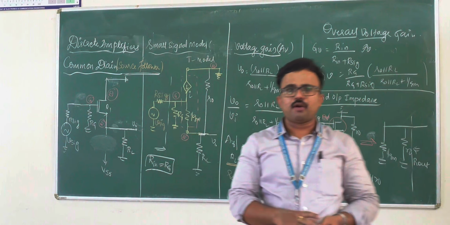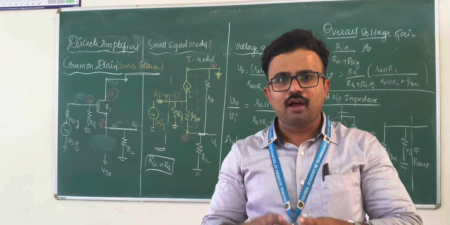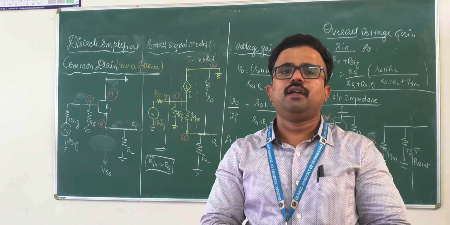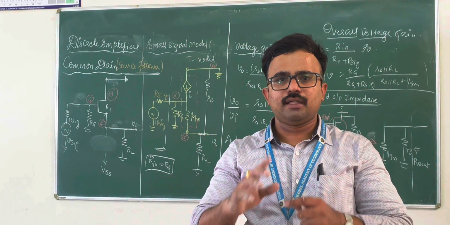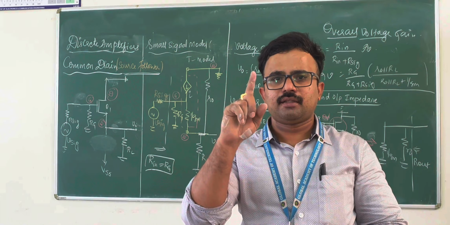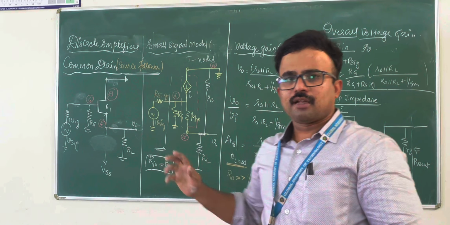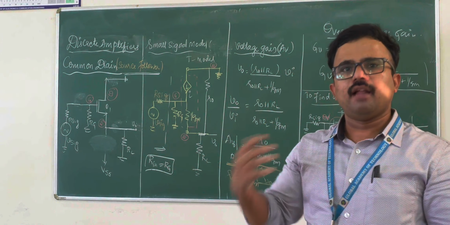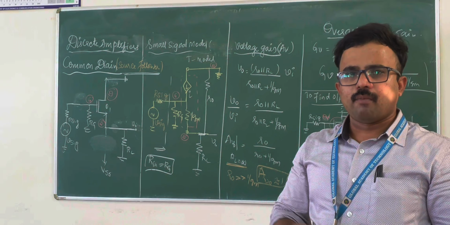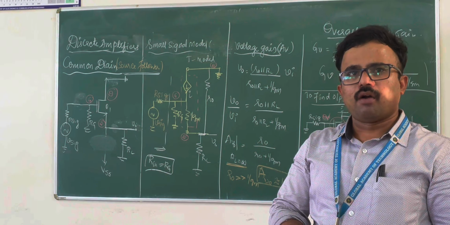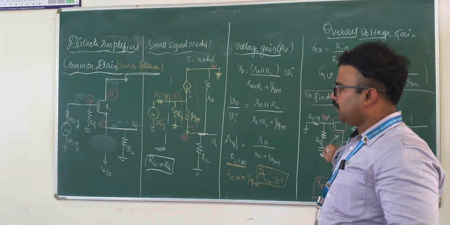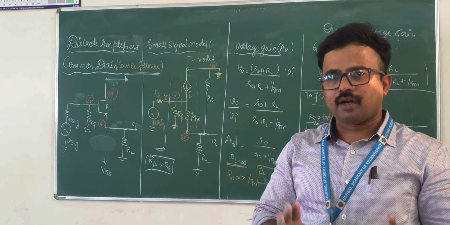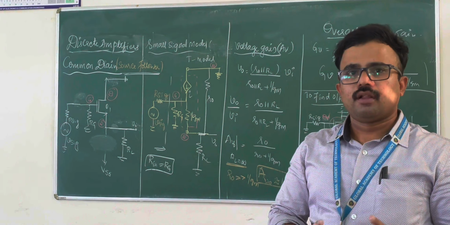So these are the very important parameters: input impedance is high, output impedance is very low, and the voltage gain can never cross 1; at a maximum it can be 1. These are the parameters we have derived by making use of the T model. The same thing can be done with the pi model as well for a common drain amplifier. Whichever model you use, you get the same equations. Deriving the amplifier parameters is a very important thing to note. Thank you very much.